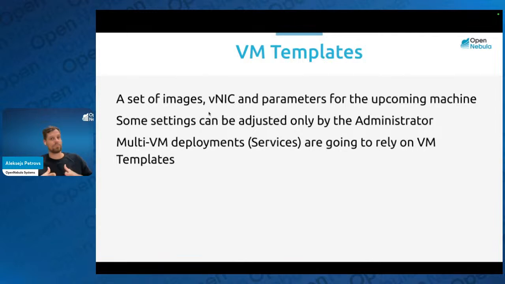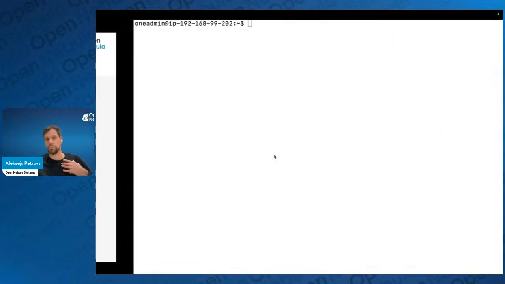But by default, some of the parameters are allowed to be edited by the user during the deployment. Right. And we also have such thing as the multi-VM deployment services. So services, these are also going to rely on the virtual machine templates, right? So the virtual machine template in the scope of OpenNebula is quite a crucial thing to be aware of.